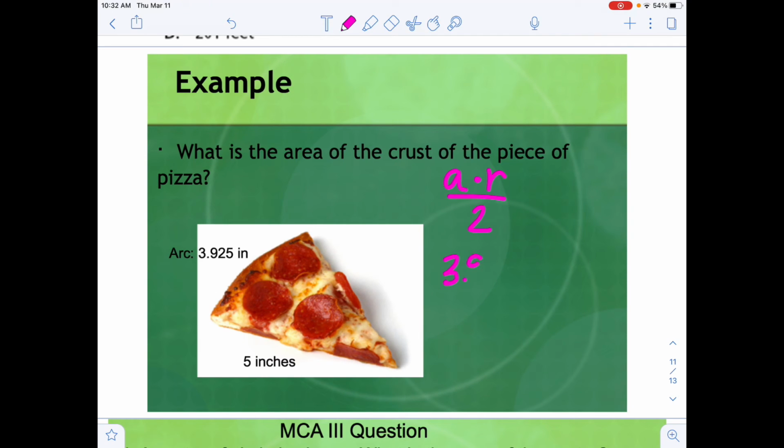So our arc is 3.925 times our radius is 5, and then divide that by 2. 3.925 times 5 is 19.625 divided by 2. We'll round to the nearest tenth. So it's 9.8, and then area is squared, so inches squared.